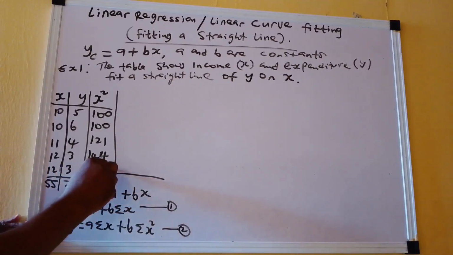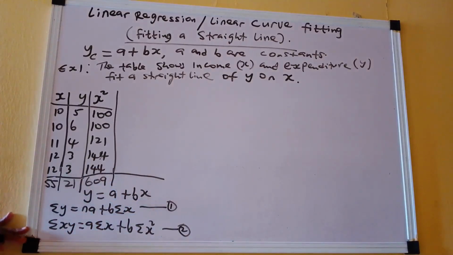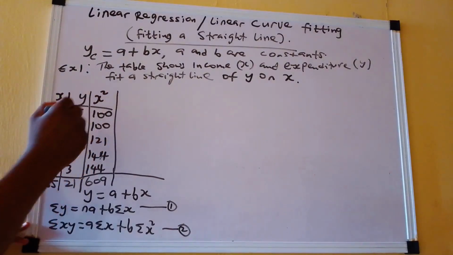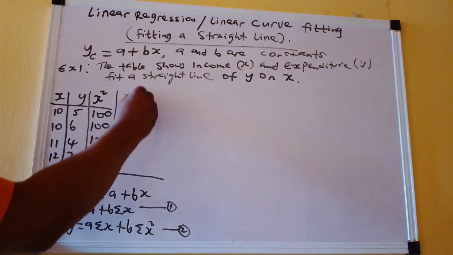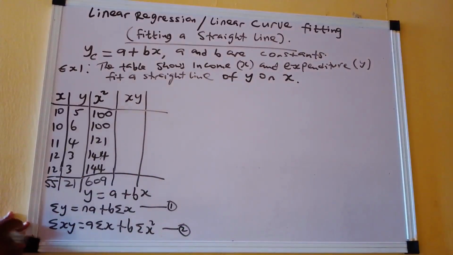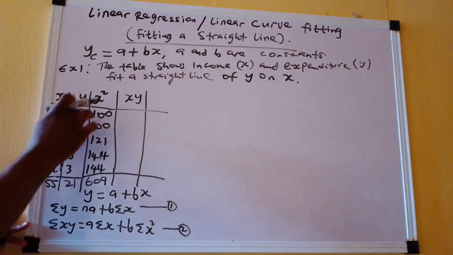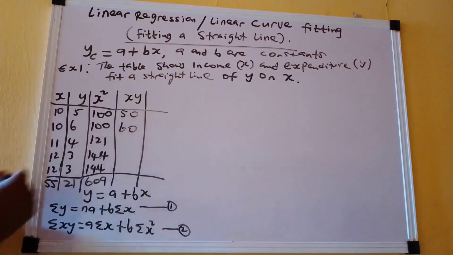So the sum of this one is 609. So the next one, we are going to have our xy. So we need the sum of xy. 10 by 5 is 50. 10 by 6 is 60.